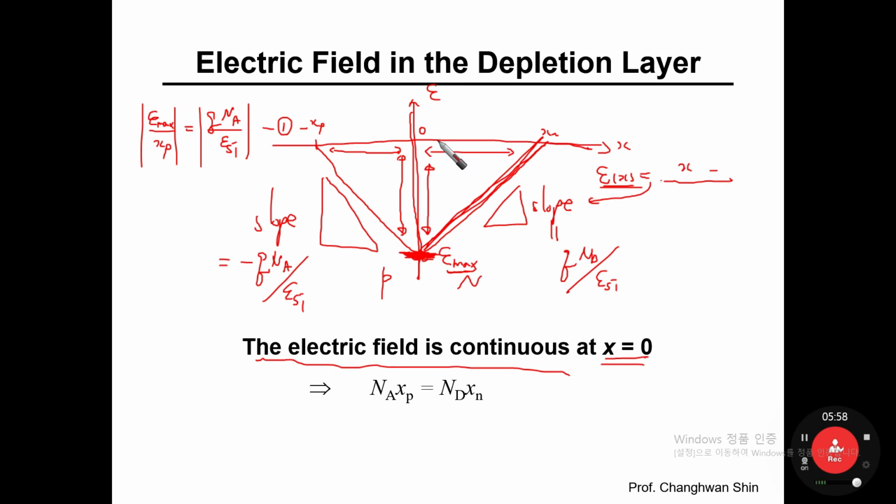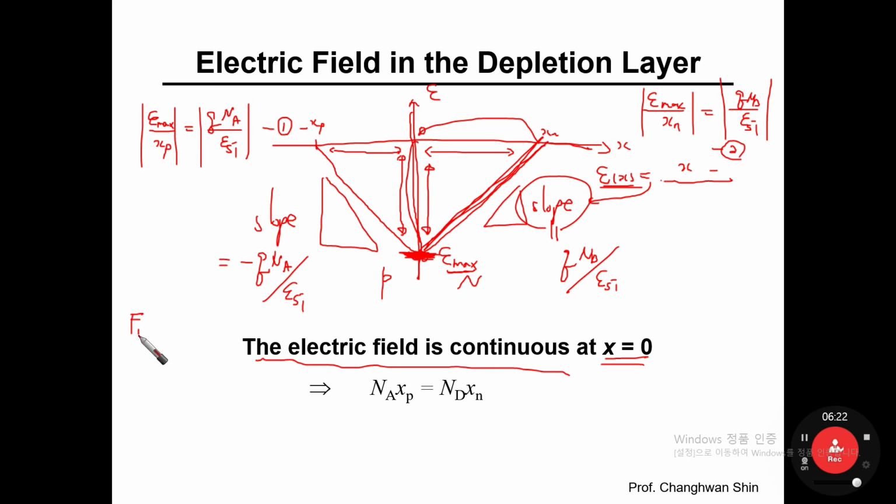If I'm using the side length bar and height, I can write down the slope for this again. So Emax divided by Xn, only the magnitude, is equal to Q times Nd over epsilon silicon. Okay, so now let's name it as equation number 2.